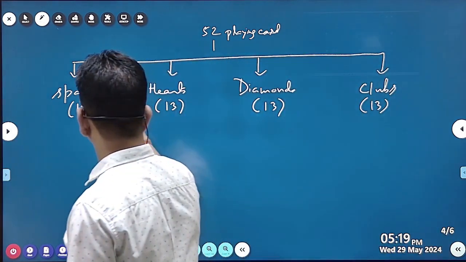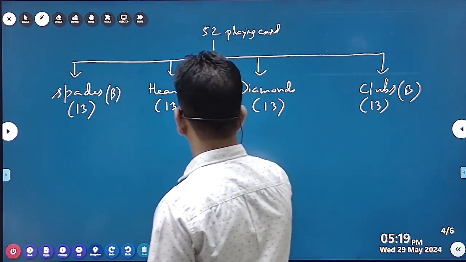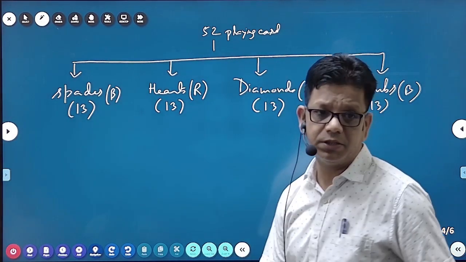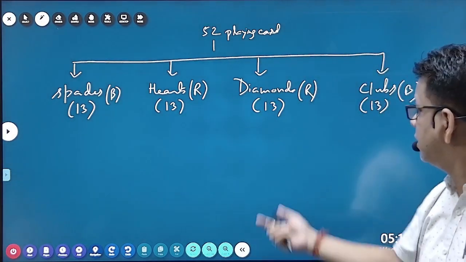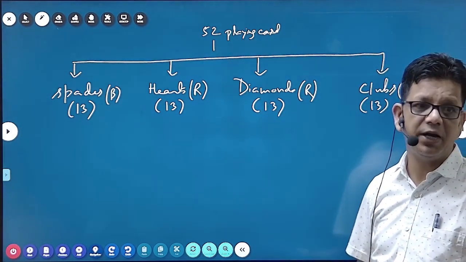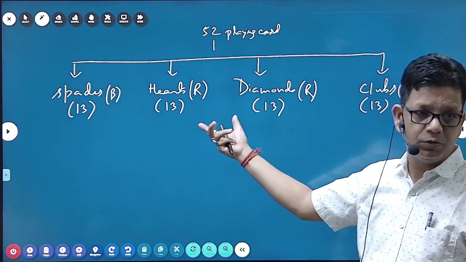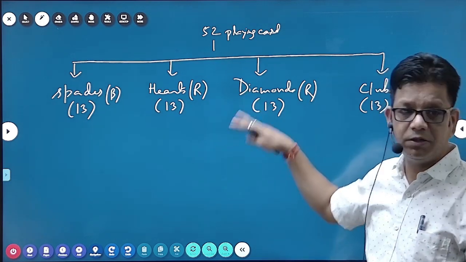But the hearts and diamonds are red cards. That means if a question asks what is the probability of getting a red card, the red cards will be 26 out of 52, or directly you can say half. Why? Because it will contain 2 parts out of 4 equal parts. So 26 will be red cards.